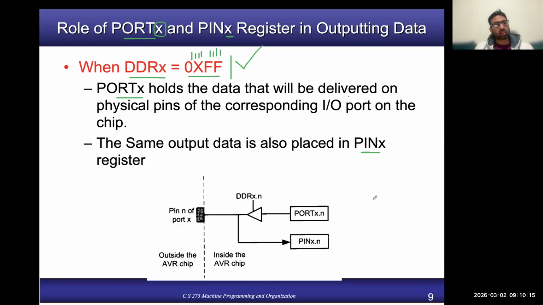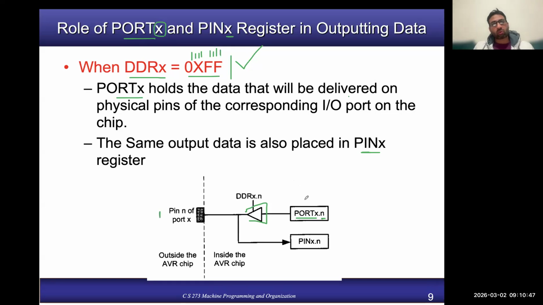So here is the schematic of how things work, right? Let's say you have the nth bit of the PORTX register. Whatever you place in this bit of the PORTX register, through a buffer, it will become available on the output.